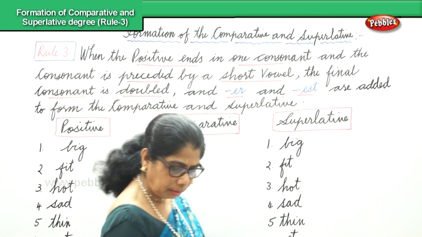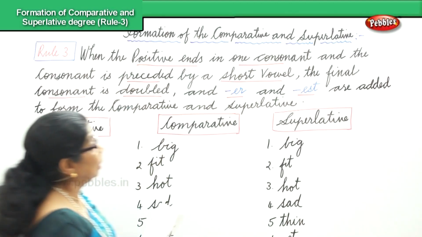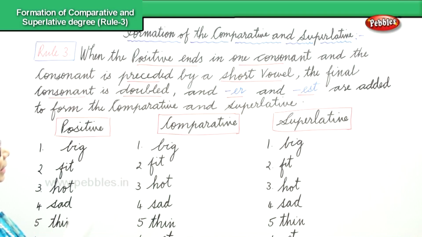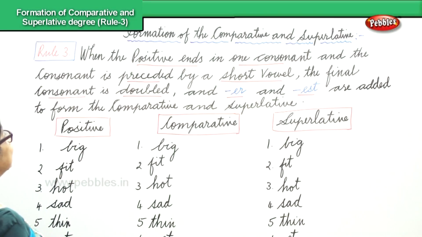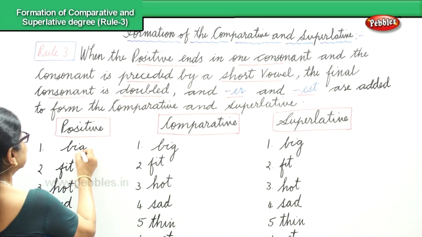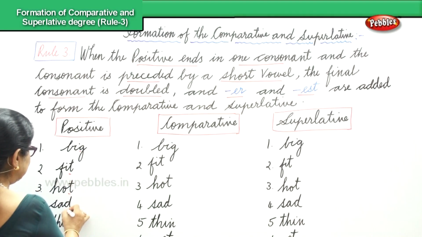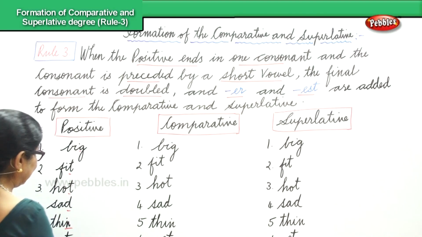Now, the rule number 3 says the positive is ending in one consonant: G, T, D, N, T, each a consonant.